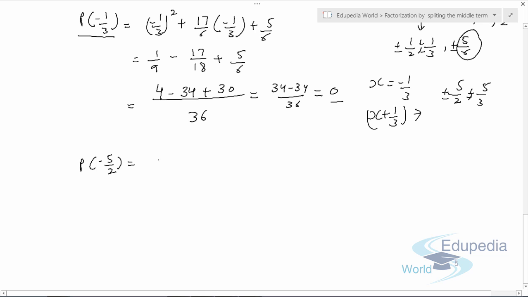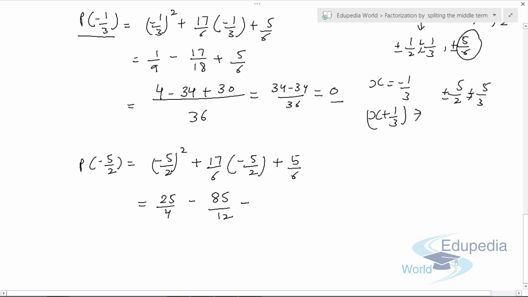It will come out to be minus 5 by 2 whole square plus 17 by 6 into minus 5 by 2 plus 5 by 6. So the answer comes out to be 25 upon 4 minus 85 upon 12 plus 5 by 6.